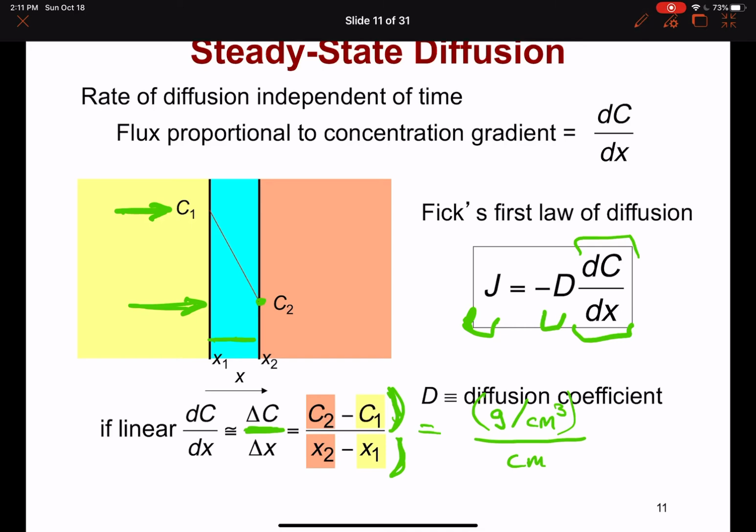Dividing through by x, just this piece here has units that are grams per centimeter to the fourth. And we know that the flux must be in grams per area per time. So we can think about what the units of the diffusion constant should be.